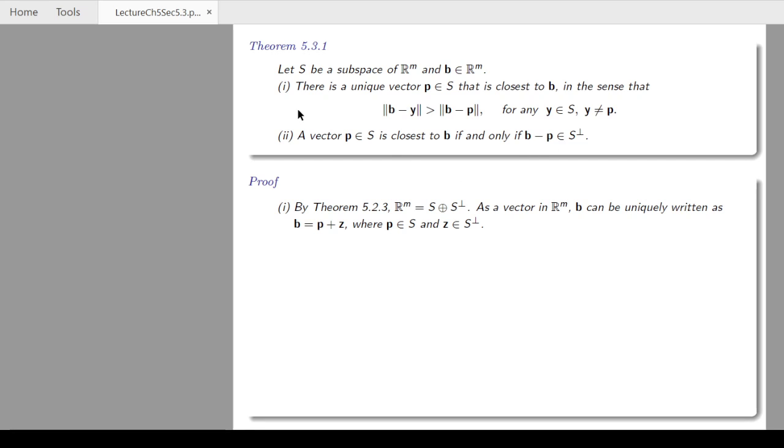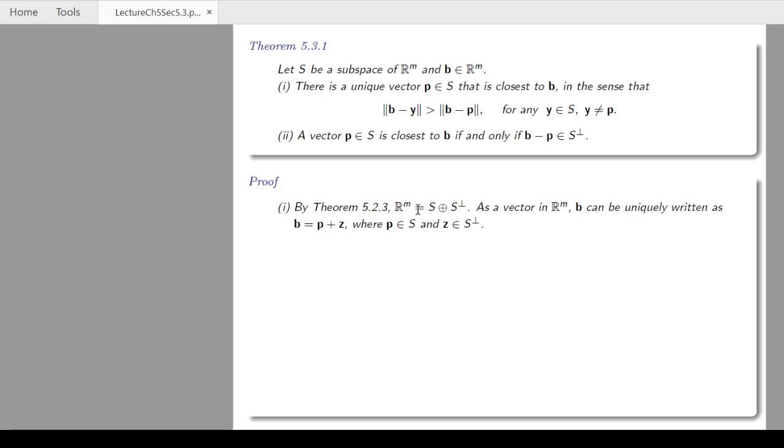Let's start the proof for the first part. First of all, we need to use theorem 5.2.3 we studied in the last section. Based on the theorem, we know Rm is a direct sum of S and its orthogonal complement.